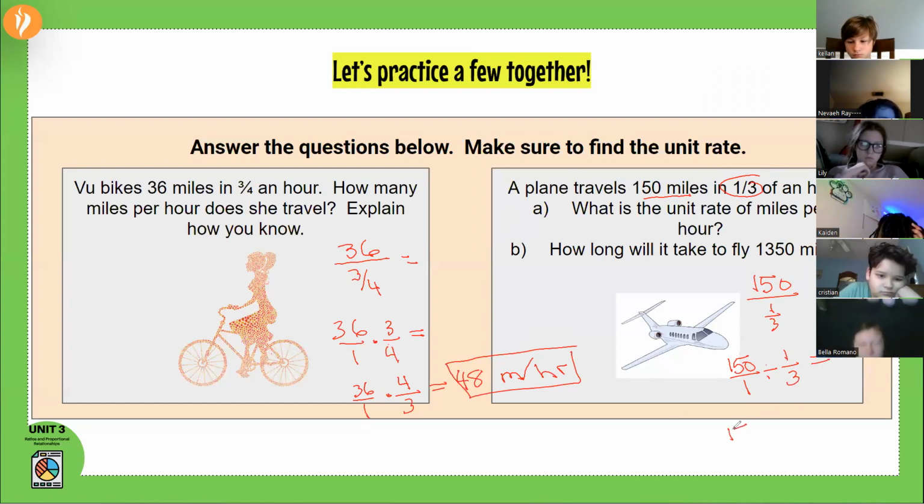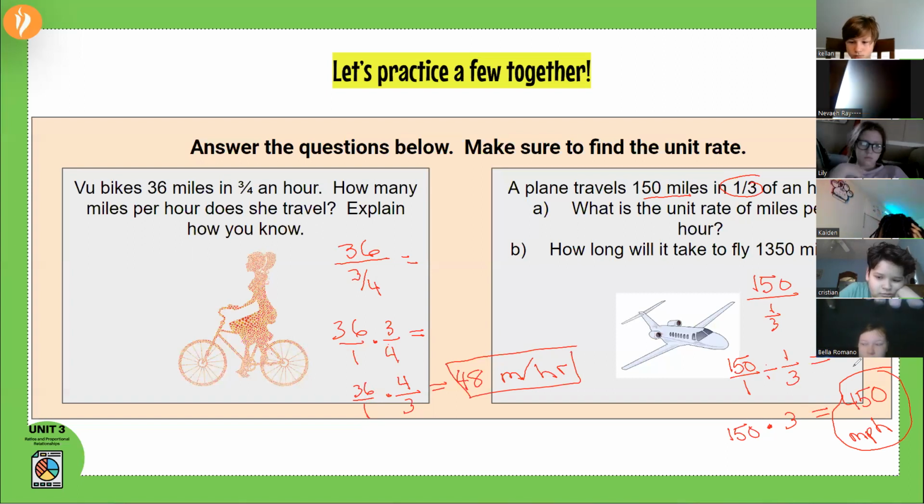We're going to keep it, change it, flip it. So basically it's 150 times 3, which is 450 miles an hour. Does that make sense for an airplane? Now, if we ended up with that for a car or a bicycle, I'd be going, whoa, something's wrong, but it's a plane.